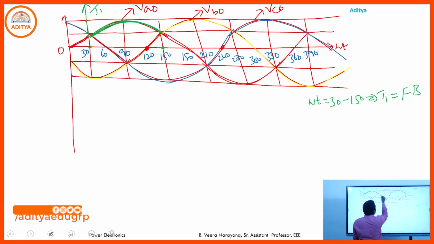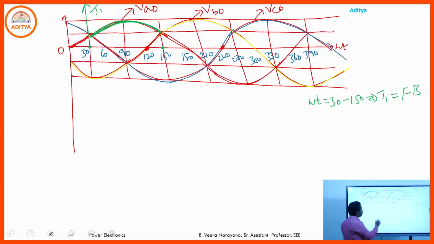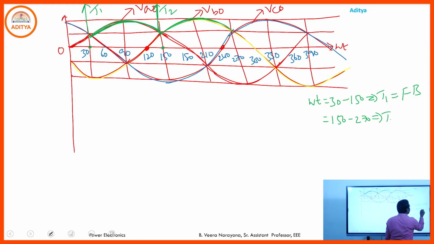Next, from 150 to 270, which is more positive? Phase B. Phase B is more positive. So from this 150 onwards, T2 is in forward bias. So from 150 to 270, T2 is in forward bias.